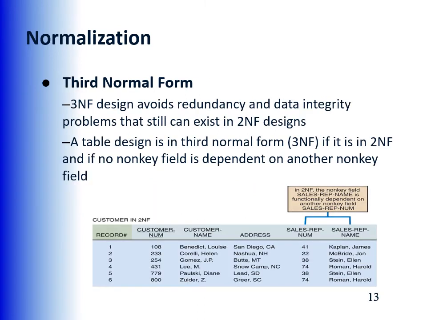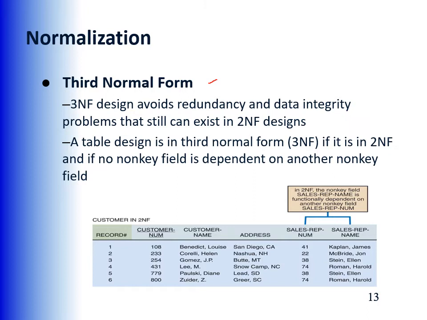Now, a popular table design, which is third normal form. A third normal form design avoids redundancy and data integrity problems that can still exist in a second normal form design. A table design is in third normal form if it is in second normal form and if no non-key field is dependent on another non-key field.